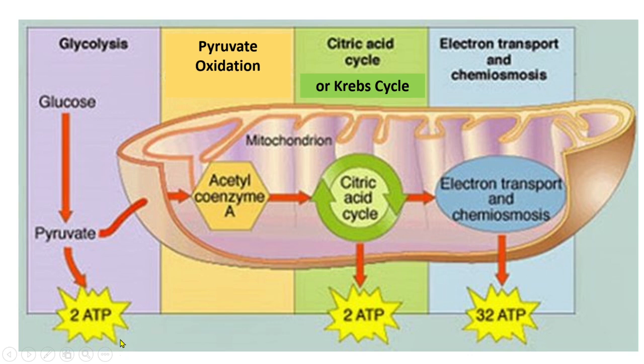The reason for that is that this ATP comes from a substrate, which is glucose or pyruvate, while the ATP here comes from a substrate, which would be the intermediary molecules of the citric acid cycle or Krebs cycle. That's why both are termed substrate level phosphorylation.